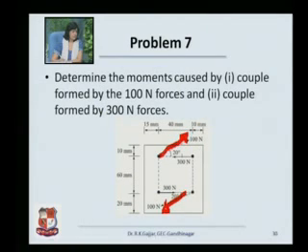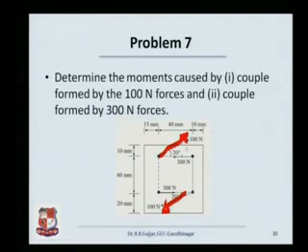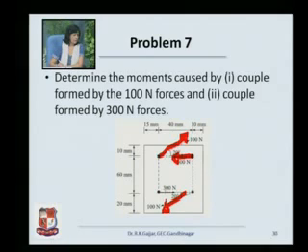The 100 Newton forces are parallel, opposite in direction, and have a certain distance between them, and therefore they will definitely form a couple. The next part of the problem is, what is the moment caused by the couple of the 300 Newton forces? This is slightly simpler because they are parallel to the x-axis.